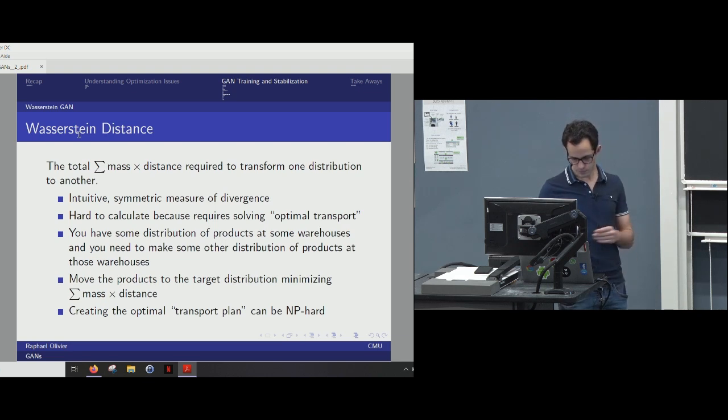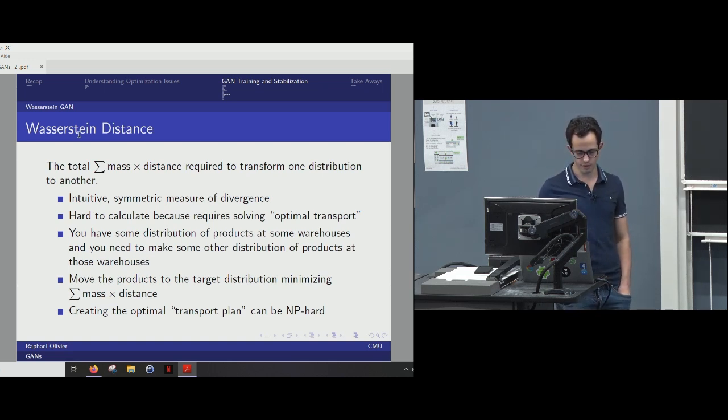I think it's pretty much the most intuitive expression of divergence, especially if you compare it to the KL with its log term that seems to come out of nowhere, even though it's grounded in terms of entropy and information theory, etc. This makes a bit more sense.